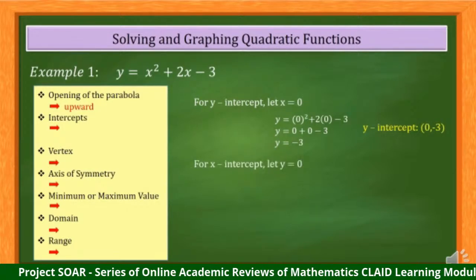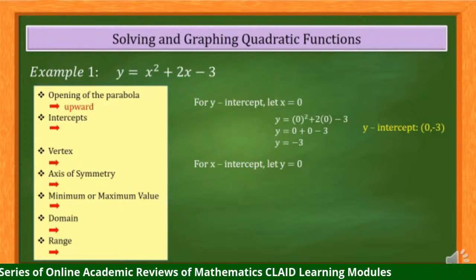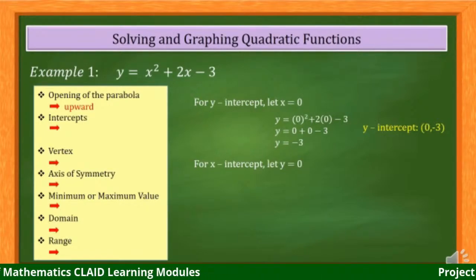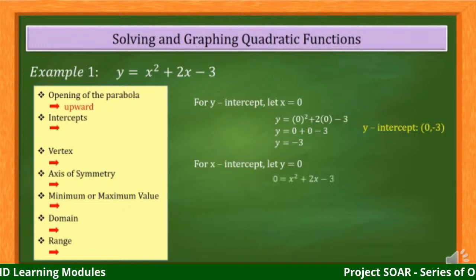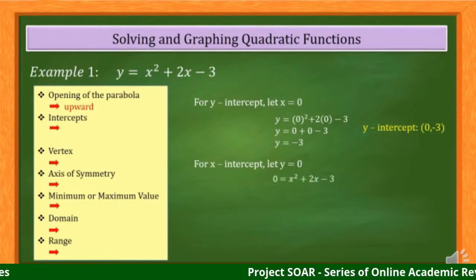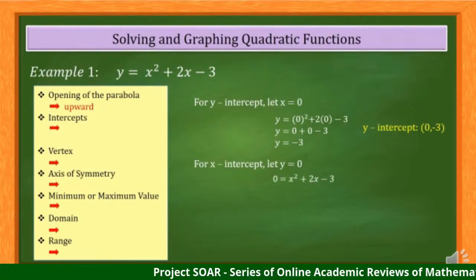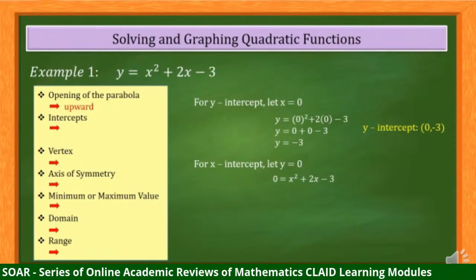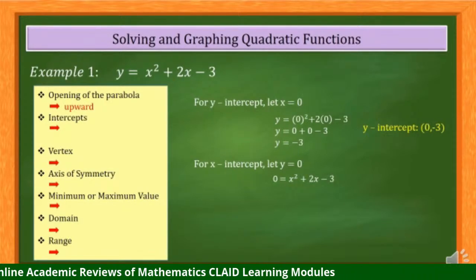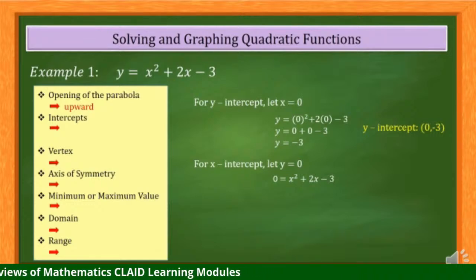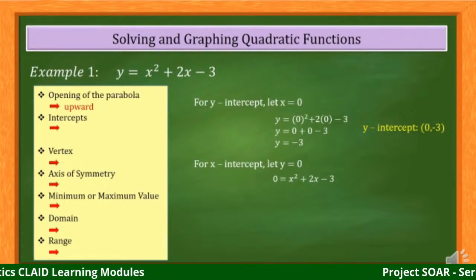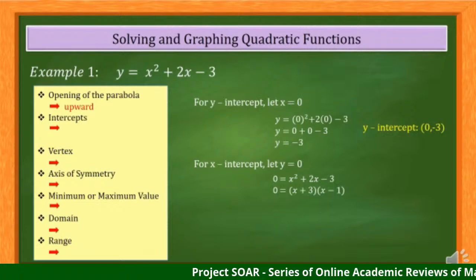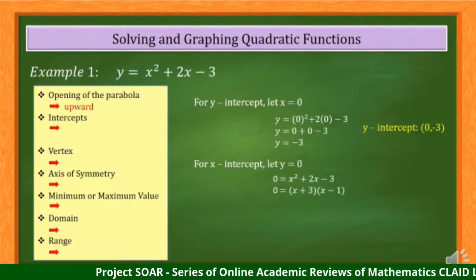Next is x-intercept. For x-intercept, we let y equals 0. So, yung y naman yung magiging 0 natin. So, 0 equals x squared plus 2x minus 3. Then, kung mapapansin nyo, yung expression na x squared plus 2x minus 3 is factorable. So, hahanapin natin yung factors niya. The factors are x plus 3 and x minus 1.